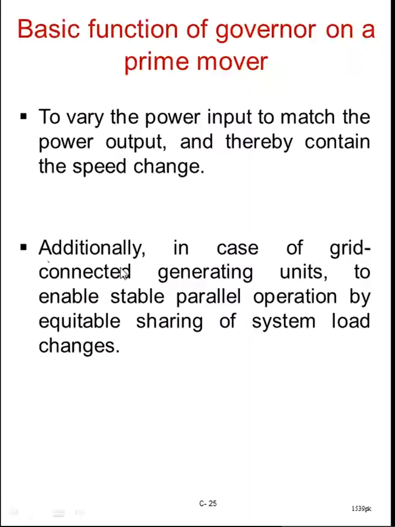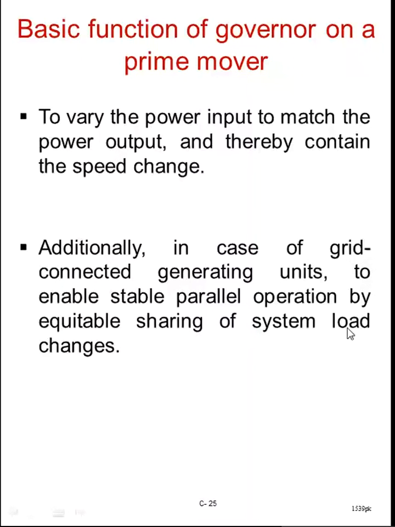In addition, for the grid connected case, when you have several generating units and several power plants, these governors can also be meant to have a parallel operation so as to achieve a sharing of power among the generators against the load changes.